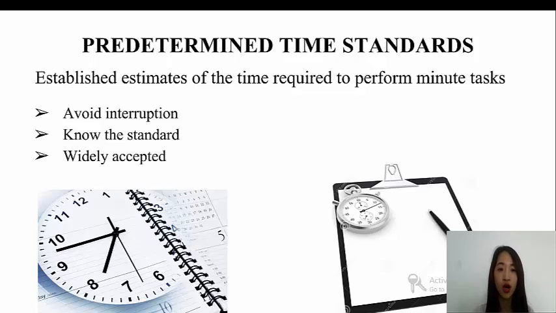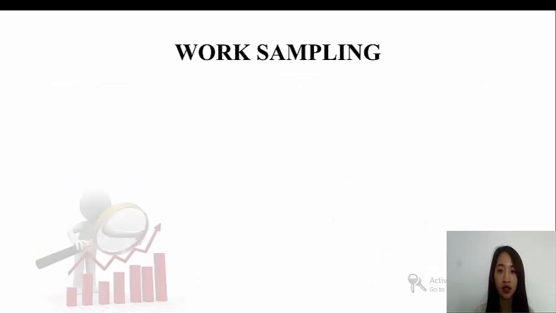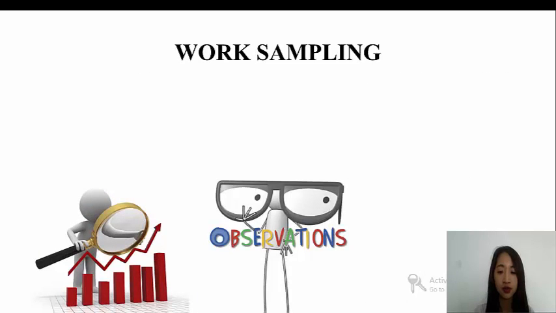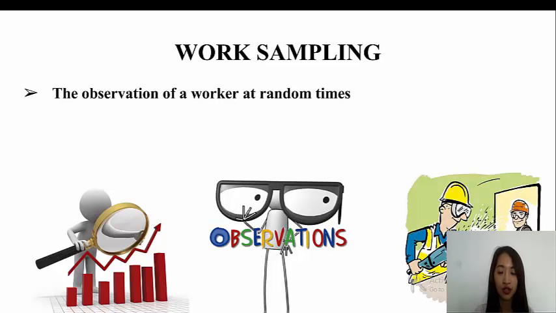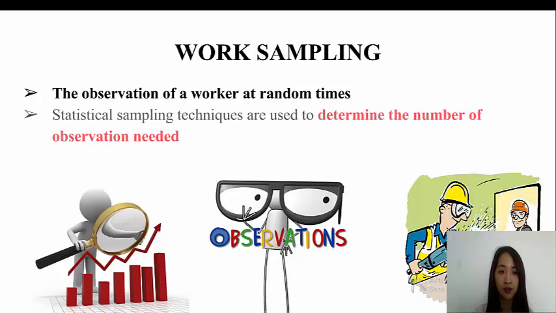And it's also widely accepted by unions, perhaps because the association that sets the standards is independent of management. And the last method is work sampling. It is the observations of a worker at random times to determine the time being spent on various tasks.